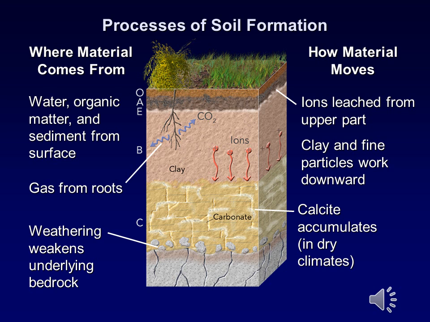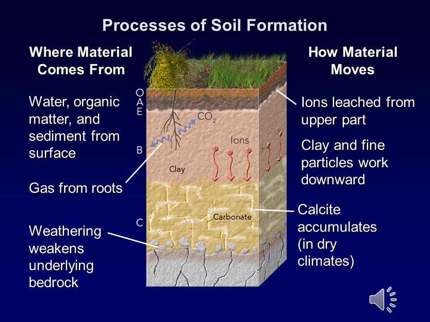So as we have groundwater moving through, it's breaking everything down. Okay, the process of weathering is going on through this entire column. And then when we look at how material moves, we have ions, right? Just charged particles, ions that are leached from the upper part as water flows downward towards the water table.